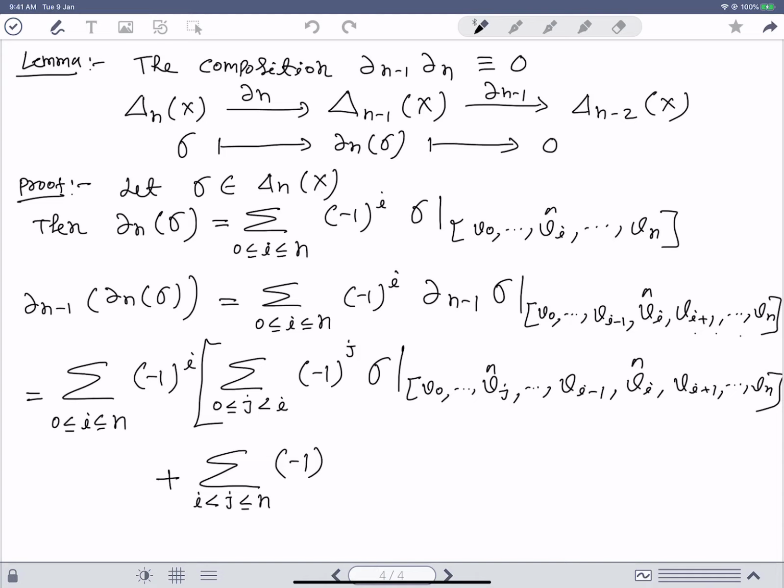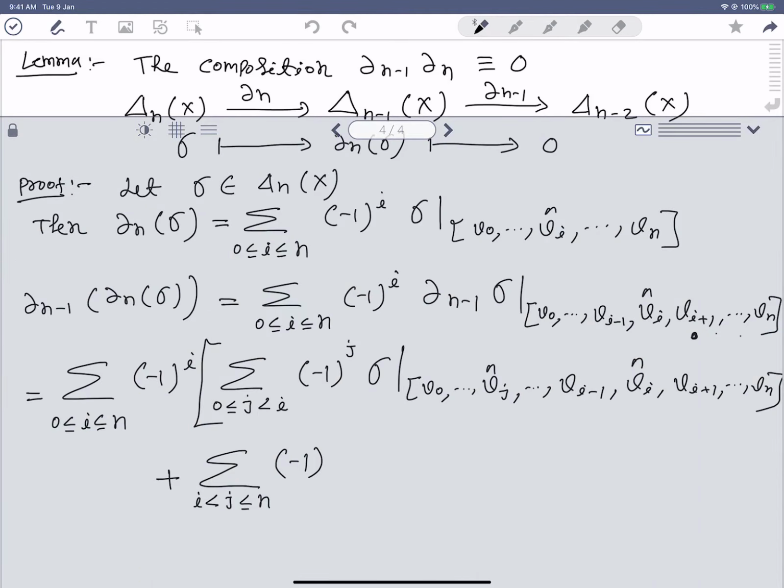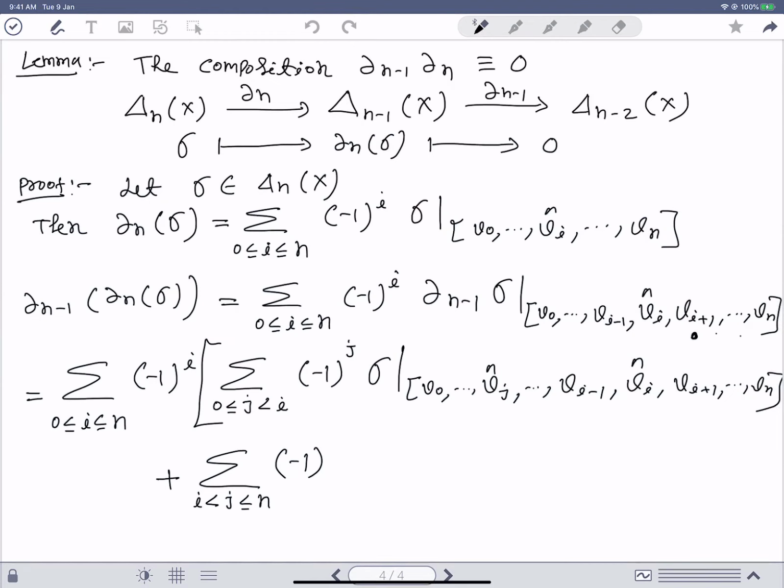Suppose j is i plus 1, but the position is the ith position. Can you understand this one? Because vi is missing, there is nothing in the ith position, so this is the ith position. Now if you take j equal to i plus 2, then that will be the i plus 1 position.